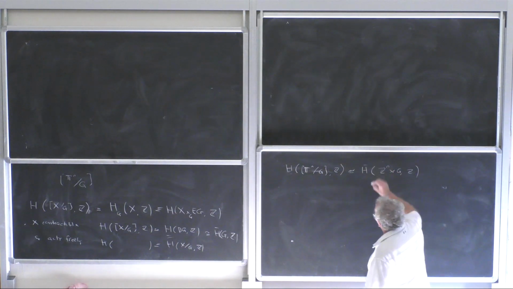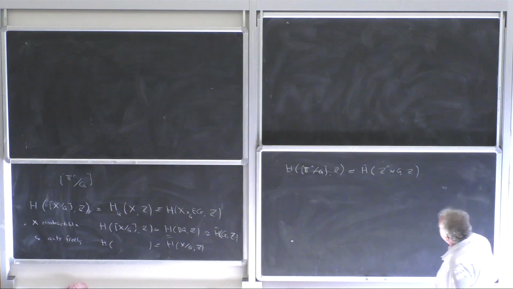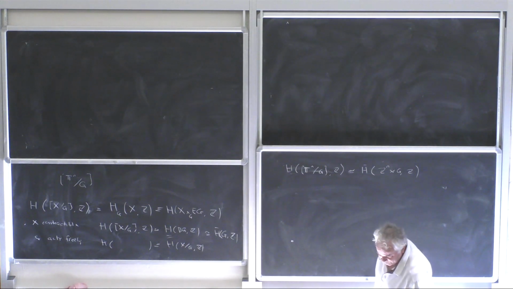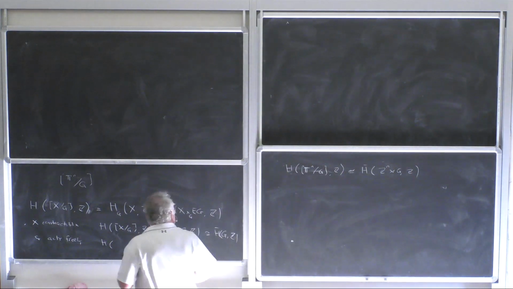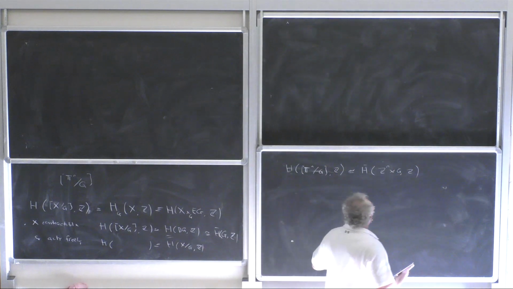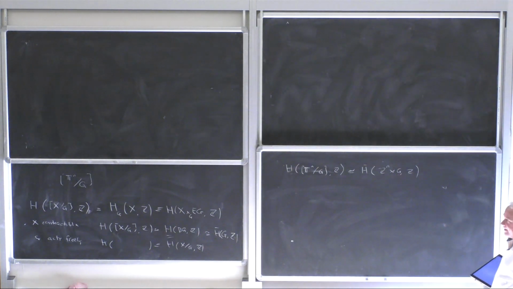Maybe I should put H bar for group cohomology. So I want to give you an indication why that's true. But in order to do that, I need to formulate the cohomology of the torus in terms of the cohomology of the group Z^n.